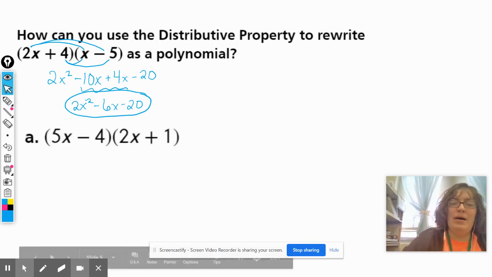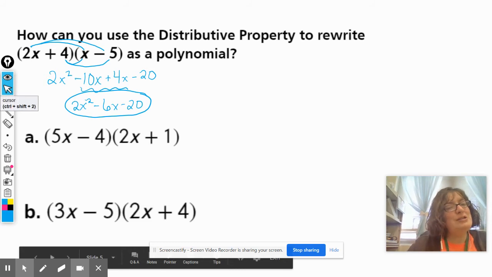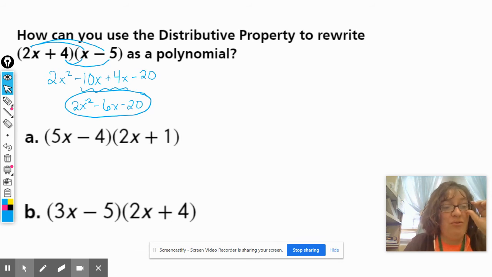I'm going to put another problem or two up here. You guys go ahead and give these a try in whichever method you want. I'm going to do one with FOIL and one using the box method. And you check your work and see how you did.